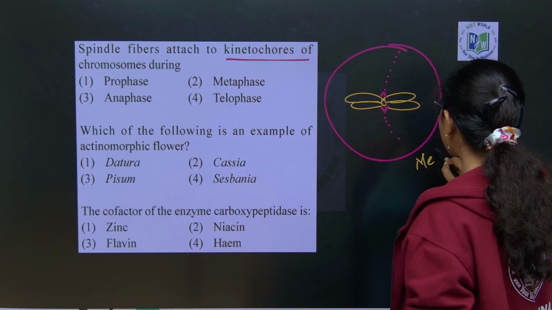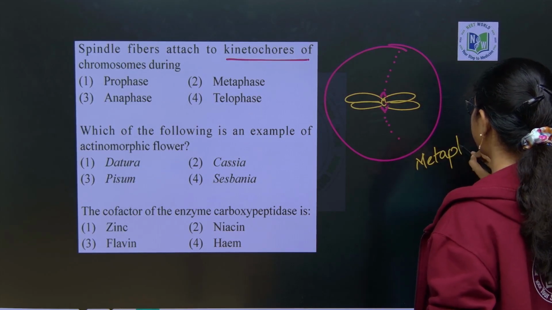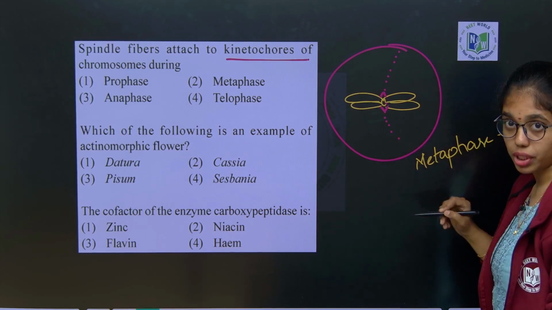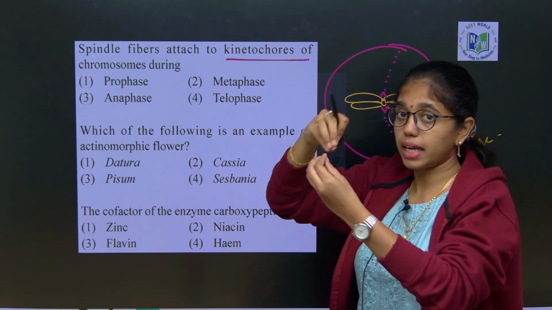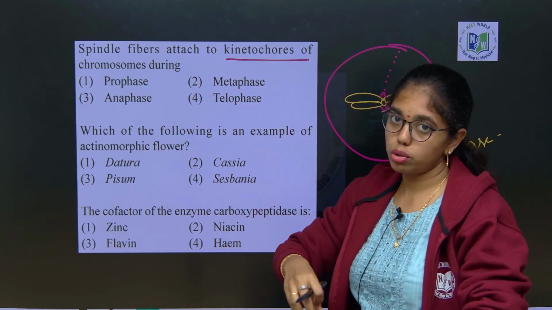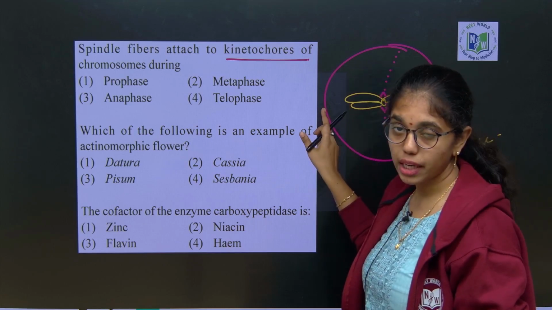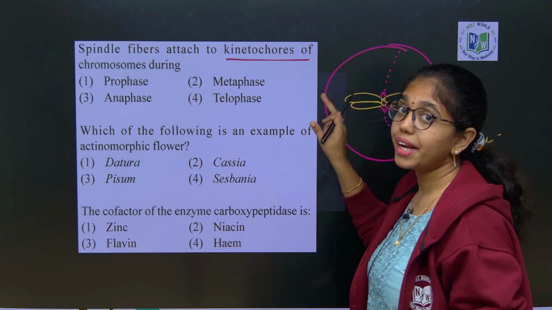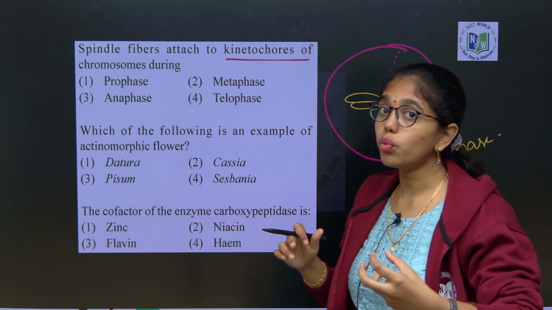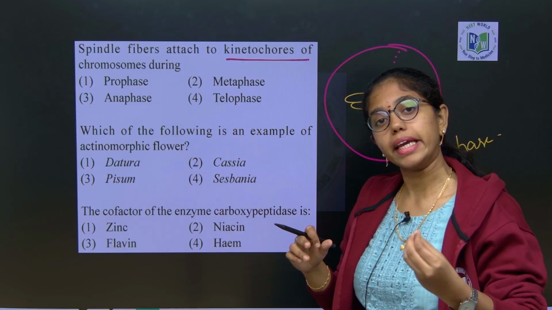At what stage? Metaphase stage of cell division. In this stage only spindle fibers are connected to the kinetochores of the chromosome that aligns all the chromosome as a equatorial plate, and that will further move into the centromere splitting in the anaphase.